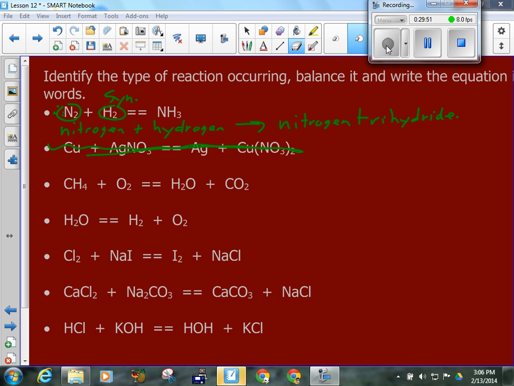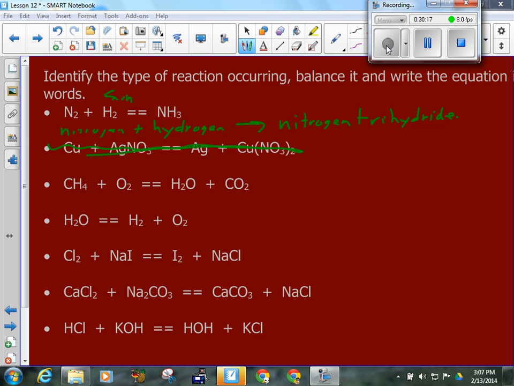Now, we need to balance this reaction. So we need to make sure that there's the same number of everything on both sides. There's a couple of little tricks for making sure that that works right. The first trick is generally start with whatever is present in the largest number. What's present in the largest number in that reaction? Which element has the biggest number beside it?